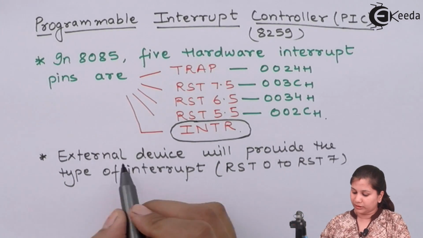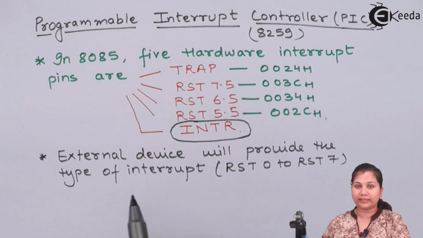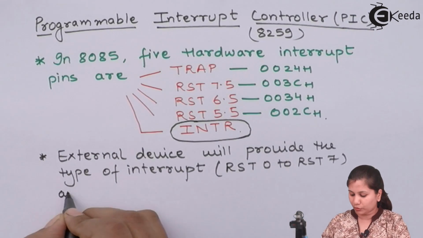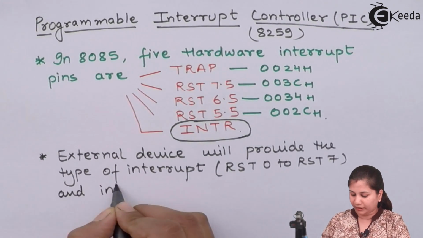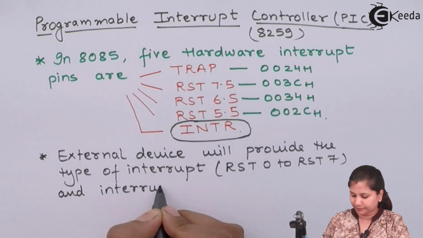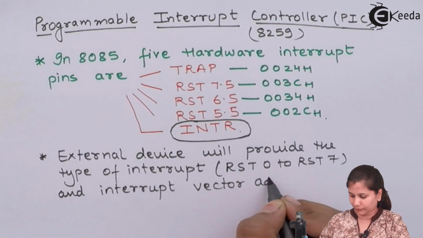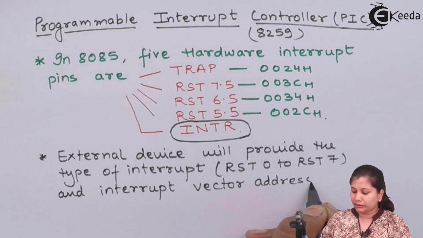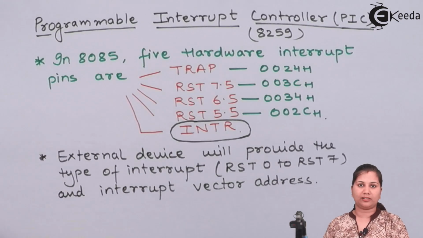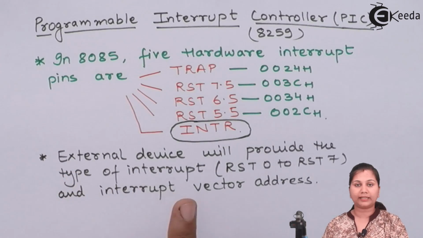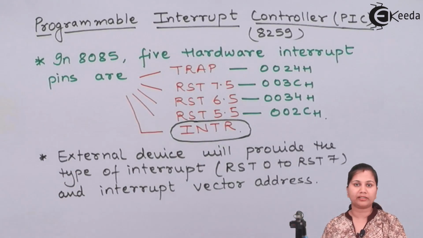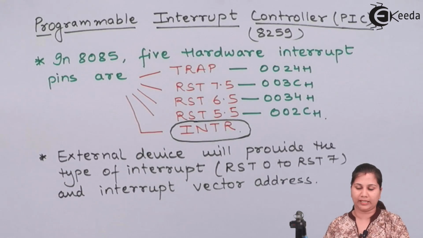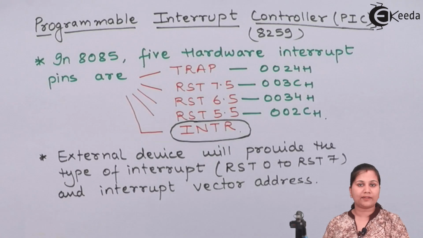So this external device will provide the type of the interrupt and also the interrupt vector address. So that becomes the function of the external device, that it has to provide the type of the interrupt and interrupt vector address to the 8085, or to the microprocessor. So that is why there is a need of a device which will tell the microprocessor these things.